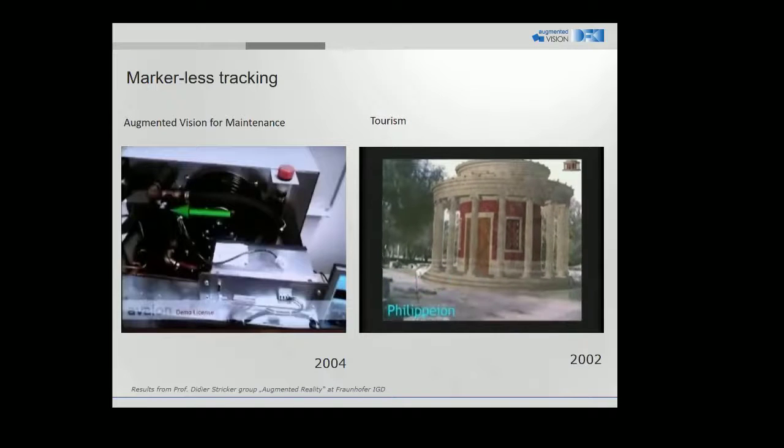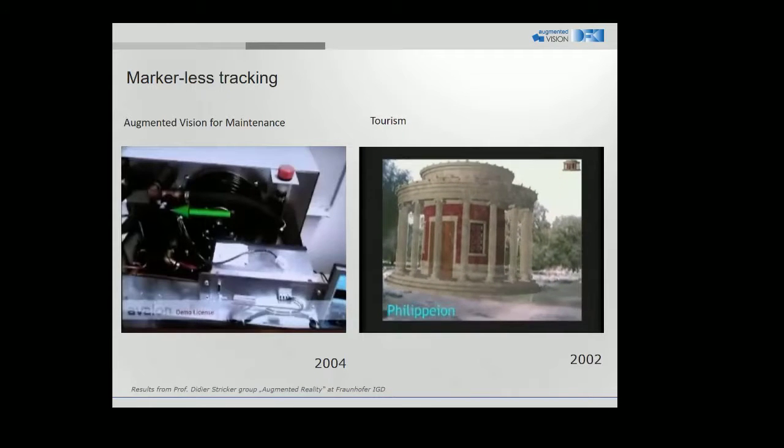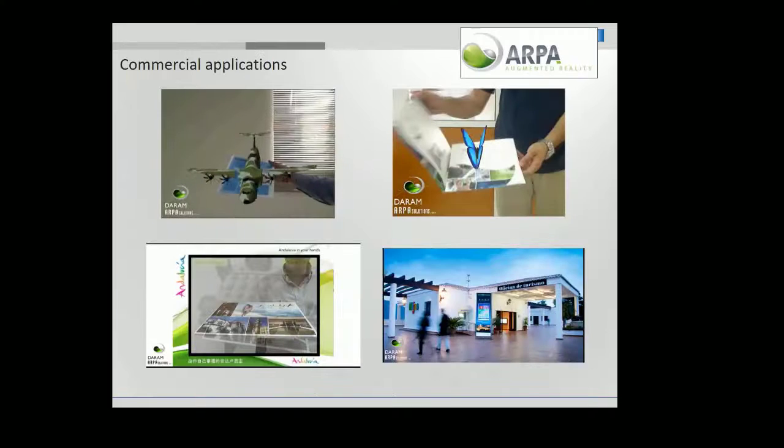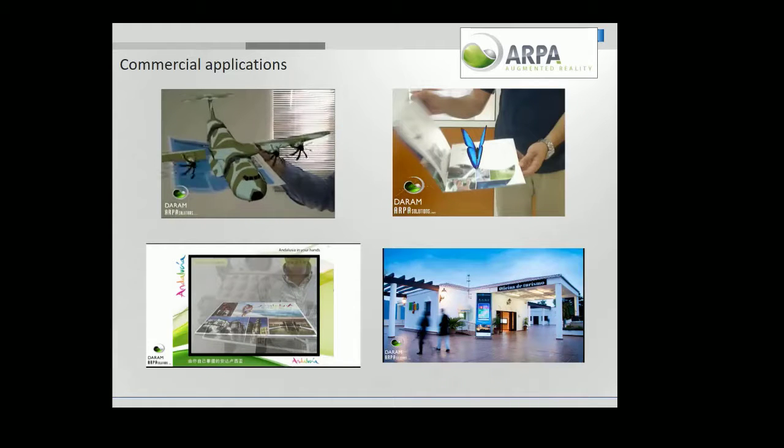There are many other commercial applications that exist nowadays, and most of them can be seen in the field of entertainment.